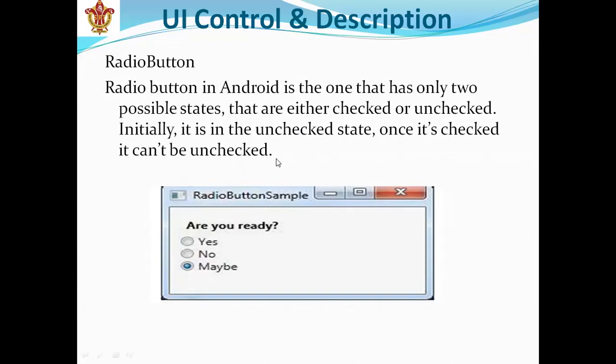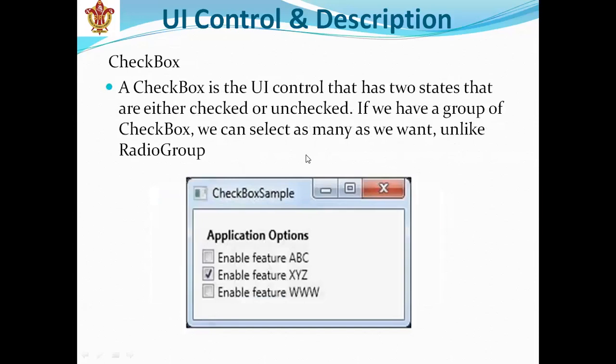Okay, so in the next slide we will see the checkbox. A checkbox is a UI control that has two states, either checked or unchecked. If we have a group of checkboxes, we can select as many as we want, unlike the radio group. In the diagram, you can see there is an enable feature of ABC, an enable feature of XYZ, and an enable feature of WWW.